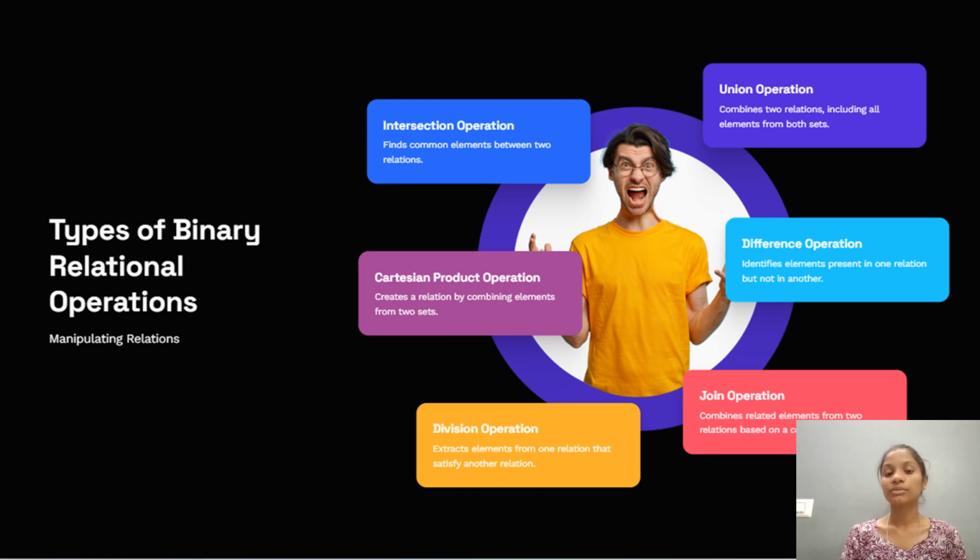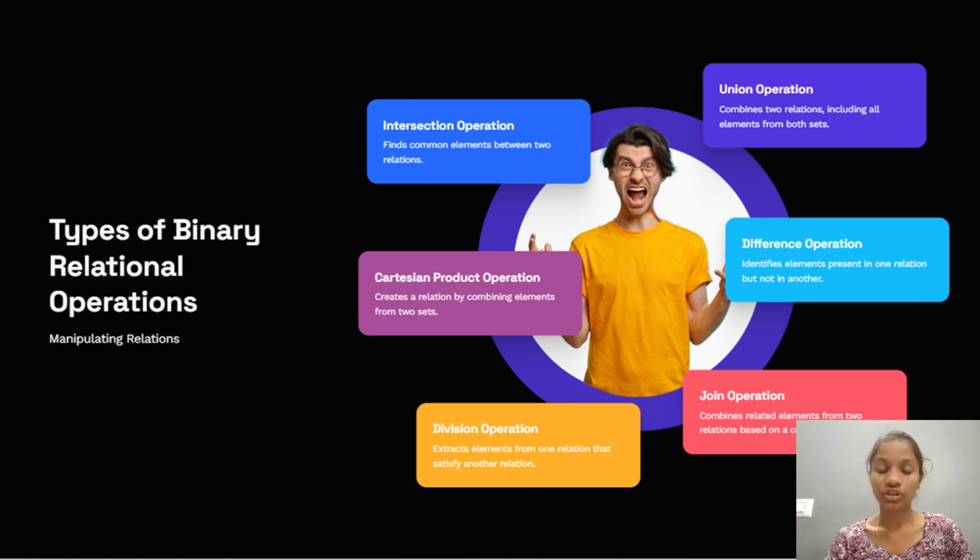Next, union operation means if we are given two tables, we combine both the values. The particular values in table 1 and table 2, for combining those we use a union operation.